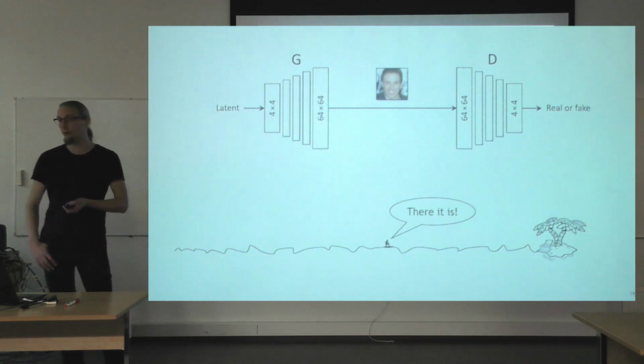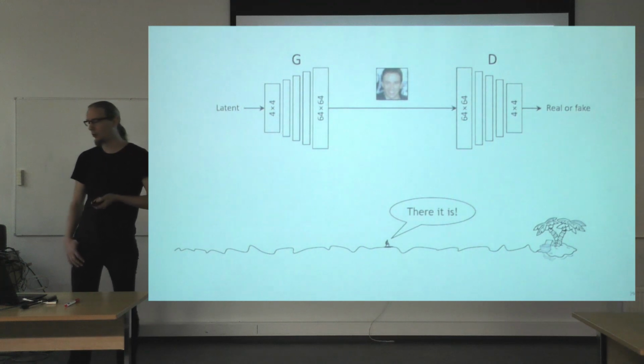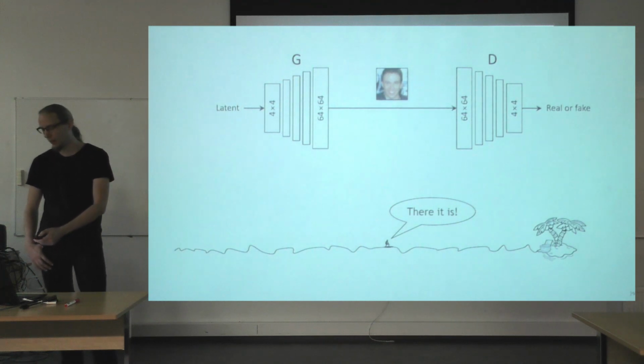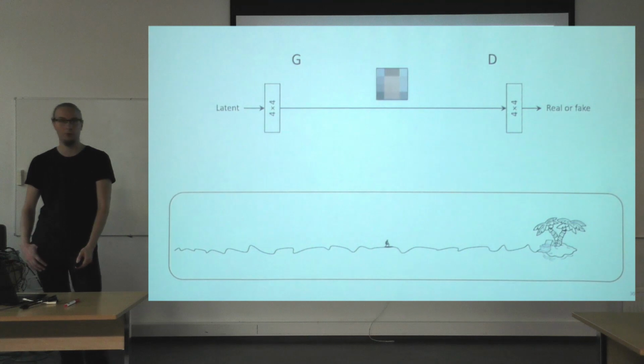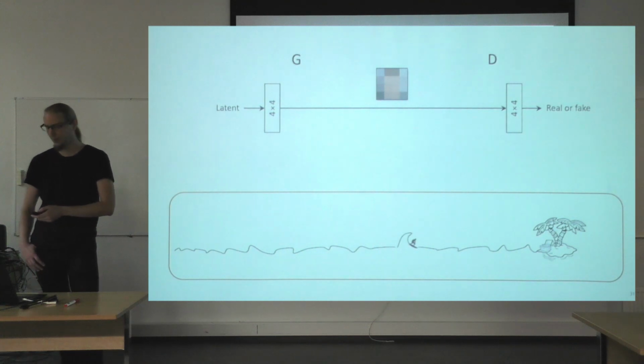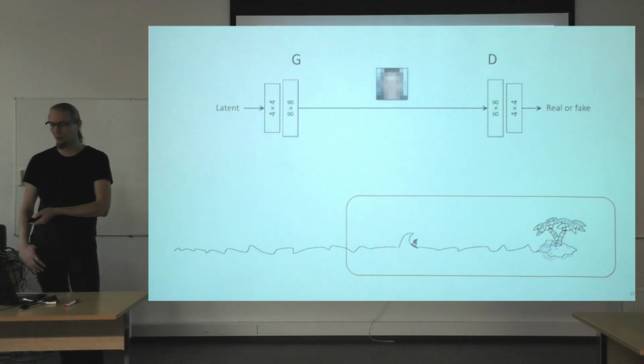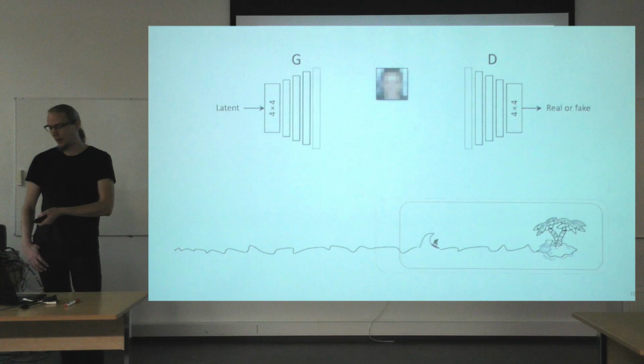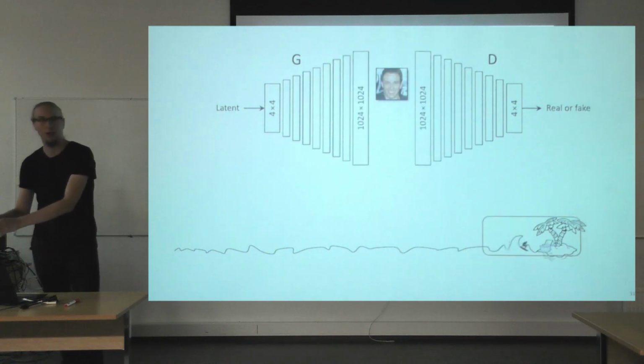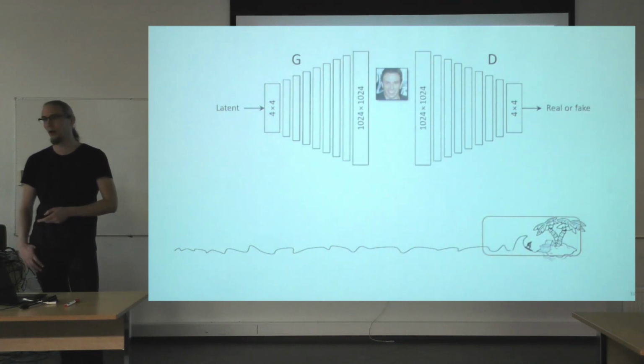So, motivated by this observation, our approach is to start from a ridiculously low resolution, 4x4 pixels, so that we'll be able to make progress toward the right direction. Once we get closer, we'll then increase the resolution by adding more layers in both networks. And so we'll keep zooming in as we go, so that we are able to model increasingly fine details.